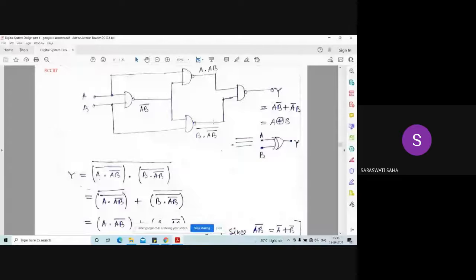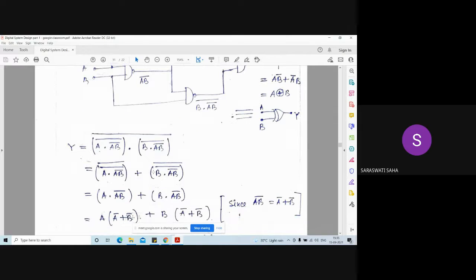Y is basically taken from this two-input NAND gate. One input gives us this term, another input is this. So what will be the output Y? Y will be the NAND between these two. So take AND, then the complement of this. Using De Morgan's theorem, NAND is equivalent to bubbled OR.